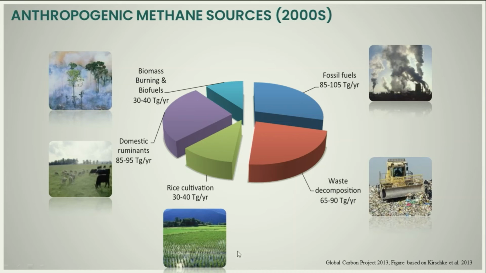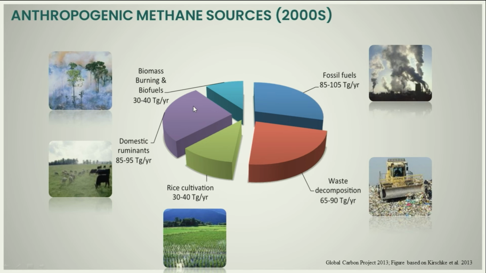So there's a source of methane, which is rice cultivation. And again, with the population rising everywhere, the amount of rice that people are eating is increasing.